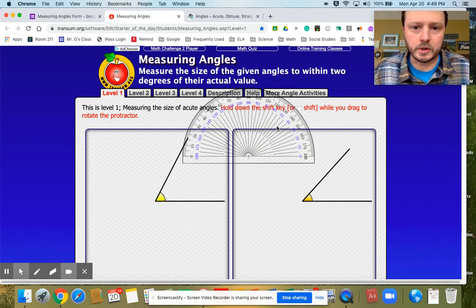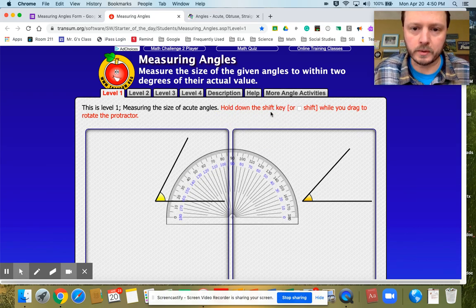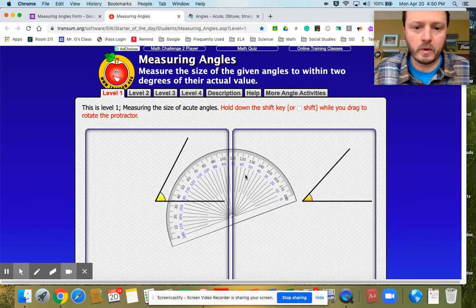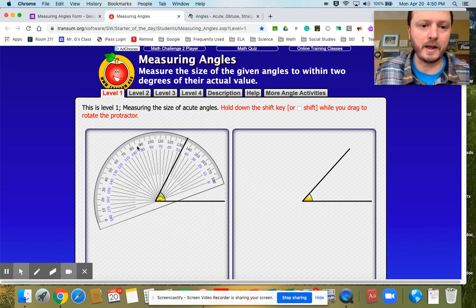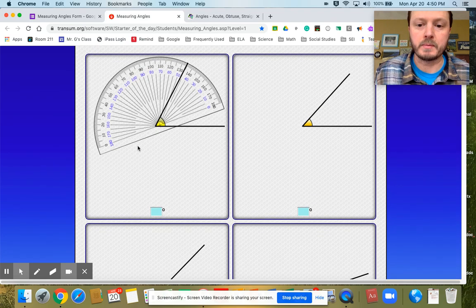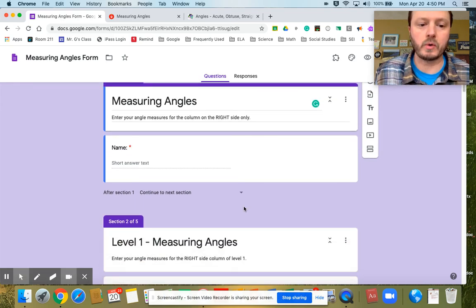You can also see that when you hold down the shift key, you can then rotate it. So we are going to do a couple demonstrations with the left side of this page, because the right side is where you are going to be answering some questions.